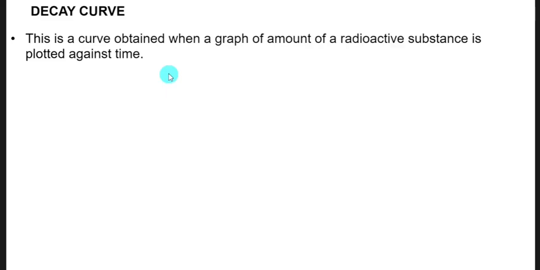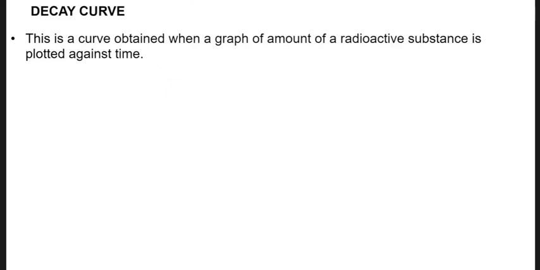It keeps on disintegrating. As you measure how much is disintegrating every second, minute, hour or year, you can collect that data and plot it. When you plot such a graph, that graph is called a decay curve.